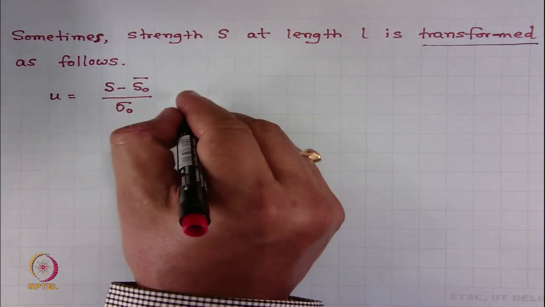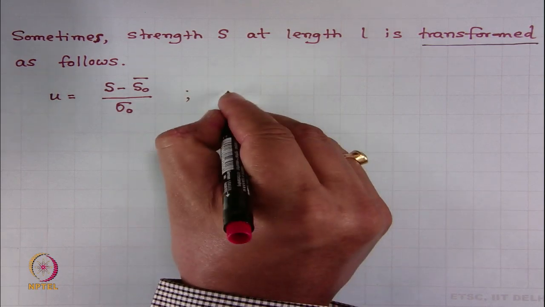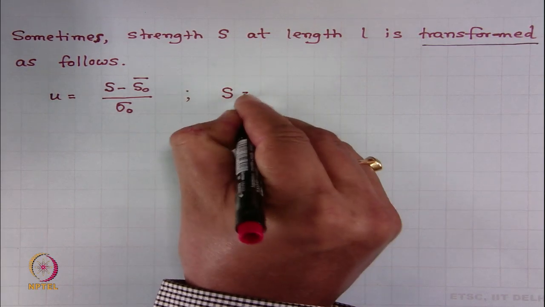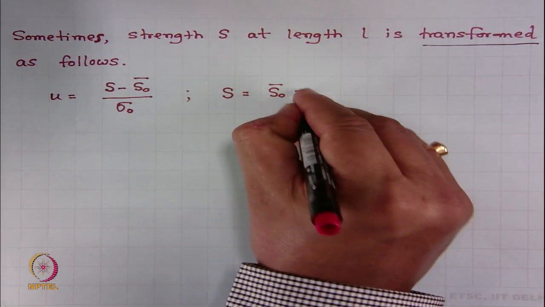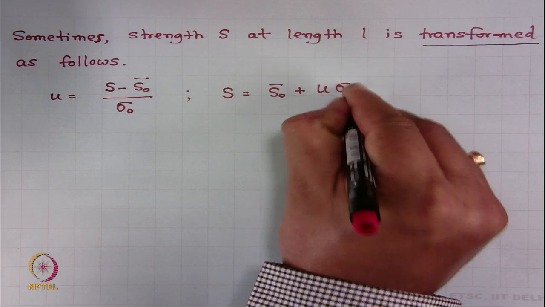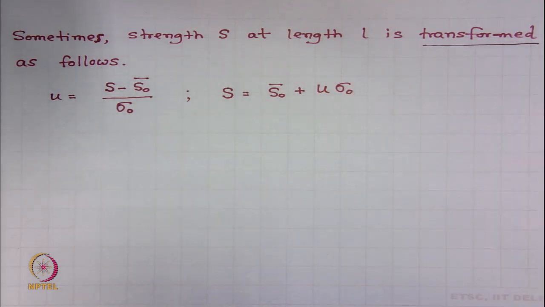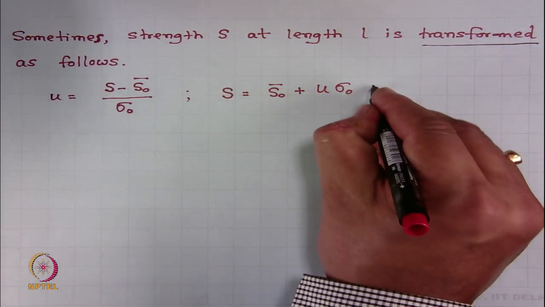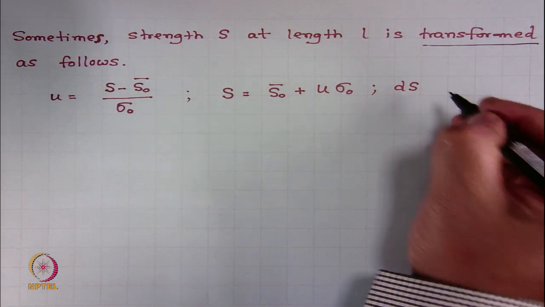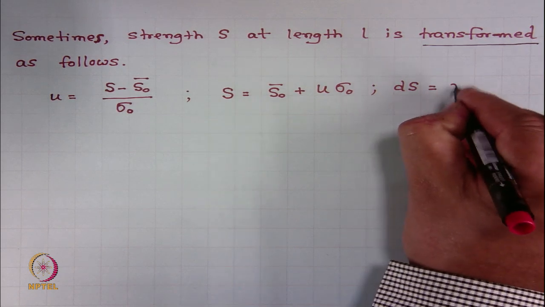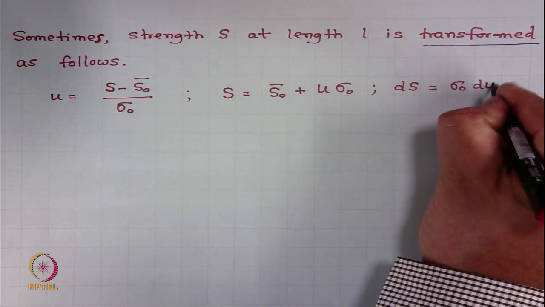So, how do we find the strength at longer length? S is equal to the mean strength at shorter length plus U sigma naught. So, what will happen if we differentiate S with respect to U? dS is sigma naught dU.